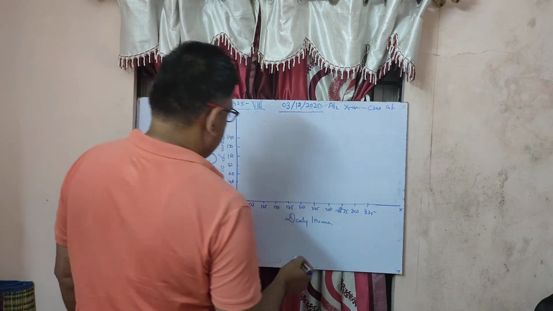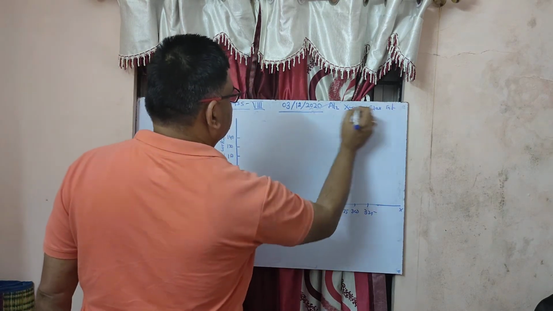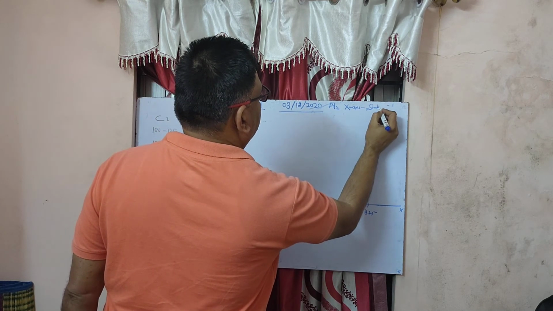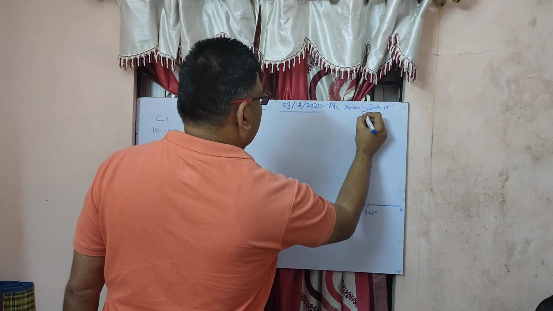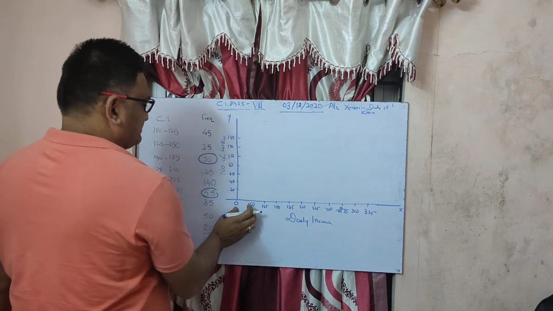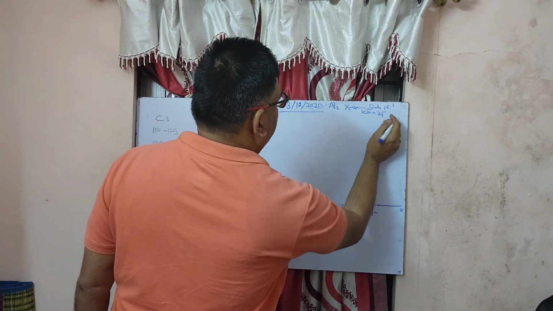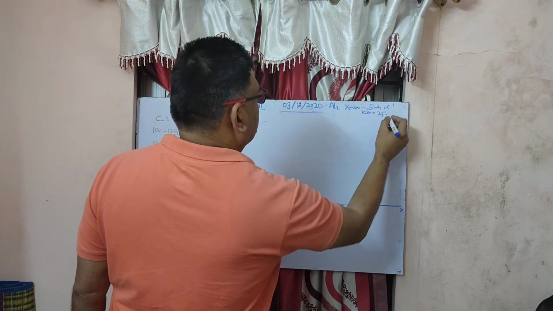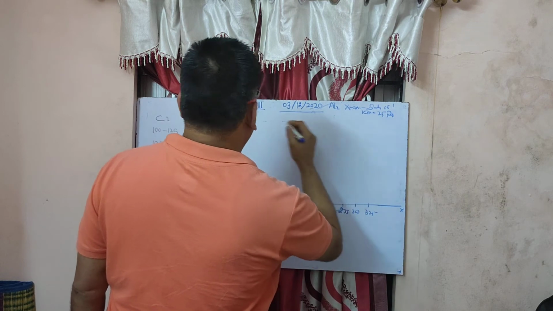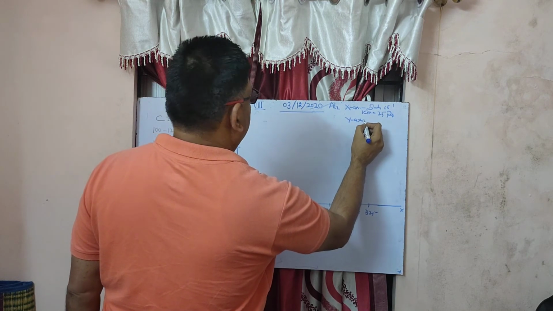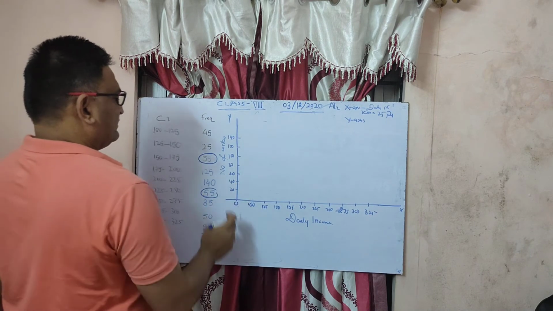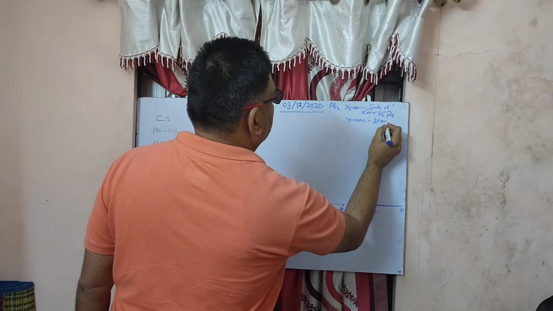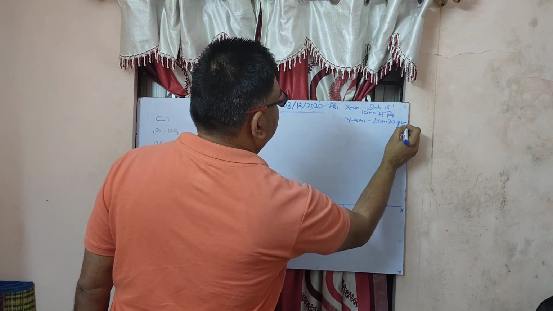Now along the x-axis, class interval, that is daily income, 1 centimeter is equal to 25 rupees. Along the y-axis, 0 to 20, 1 centimeter is equal to 20 persons.